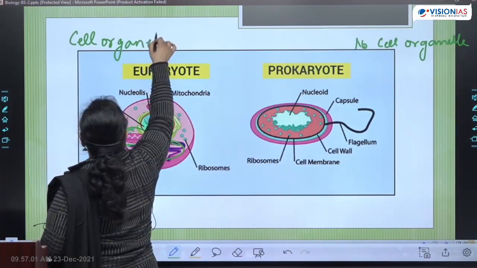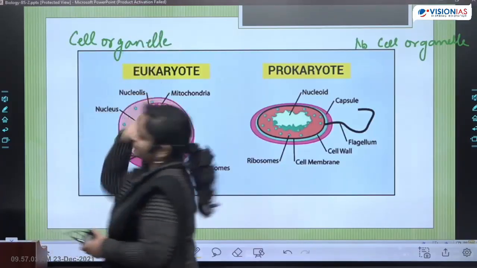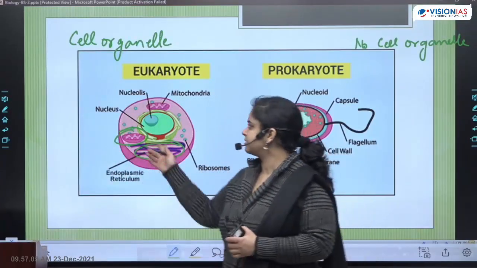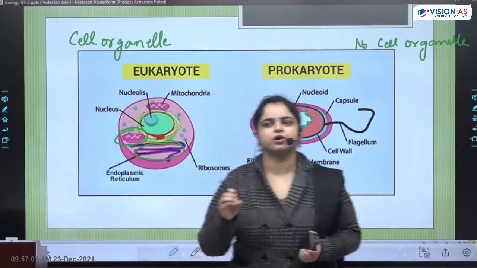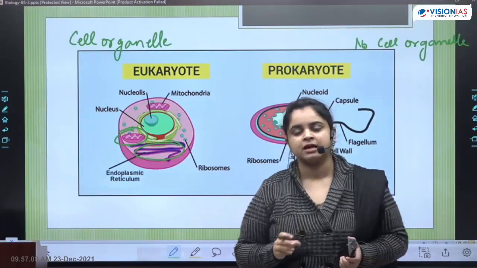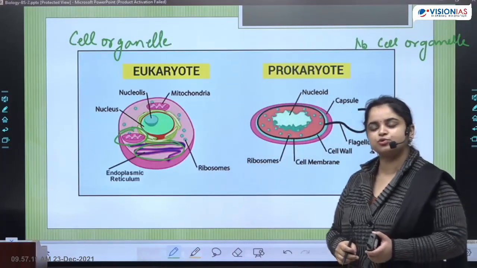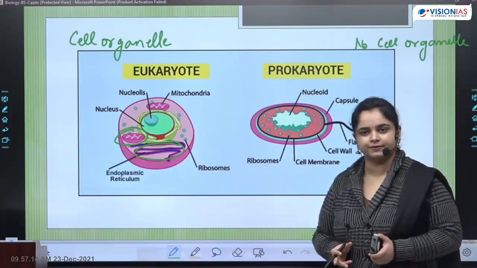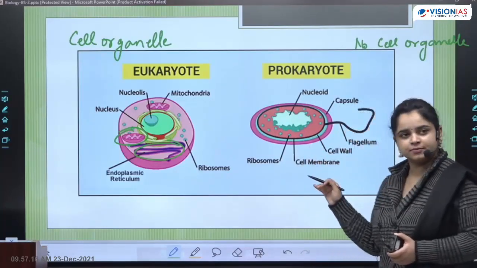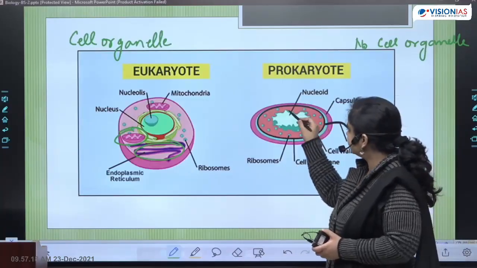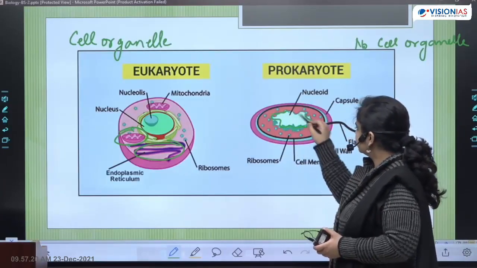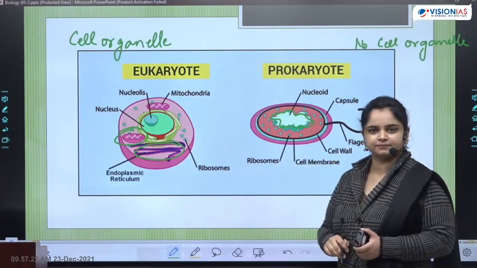So they have cell organelles covered with proper membranes. This becomes a feature of the eukaryotic organism. The second point of difference would be with the genetic material. In this prokaryotic cell, this central thing which you can see, this is the DNA.